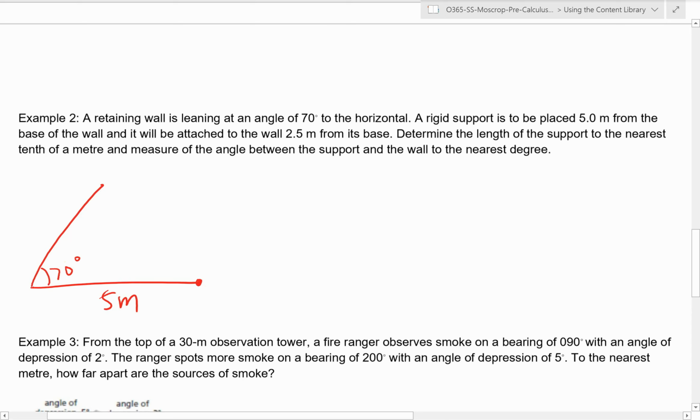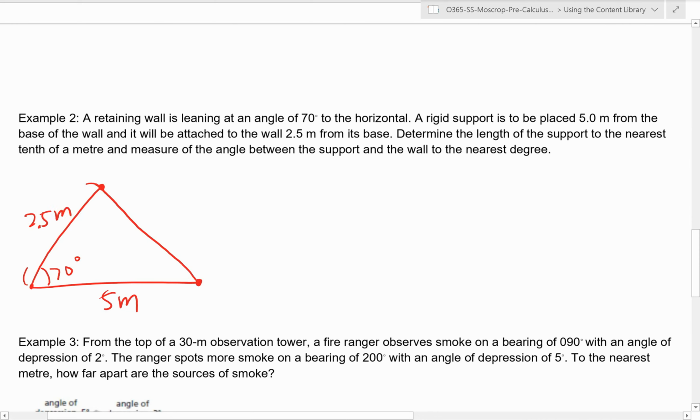And it will be attached to the wall 2.5 meters away from its base. So here is the support, and this is 2.5 meters, attached to the wall 2.5 meters away from its base. Here's the base of the wall.